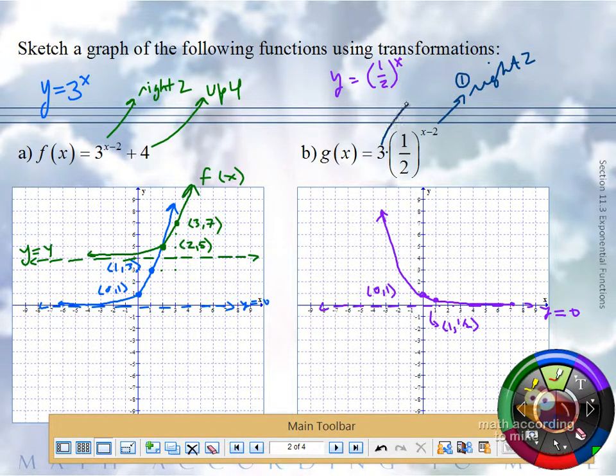What does this 3 do? No, because we're not adding 3 to the function. Half of you is correct. The other half is correct.